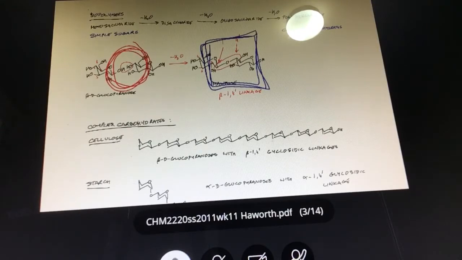Betas are up, alphas are down. Okay? So, two glucoses that are joined together by a beta 1,4 prime glycosidic linkage make a maltose. And anything other than that is going to make a different named sugar.